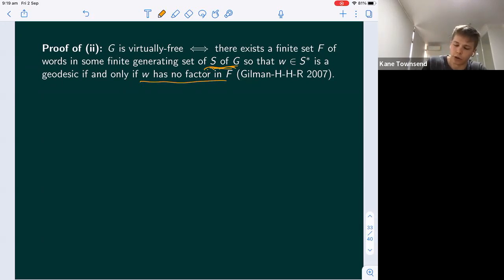That's a result due to Gilman, Hermiller, Holt, and Rees from 2007. The way they show that is because there's another characterization of virtually free in terms of pushdown automata.